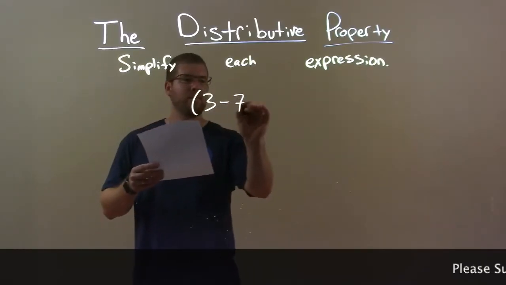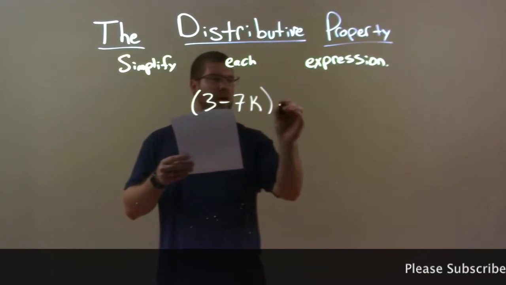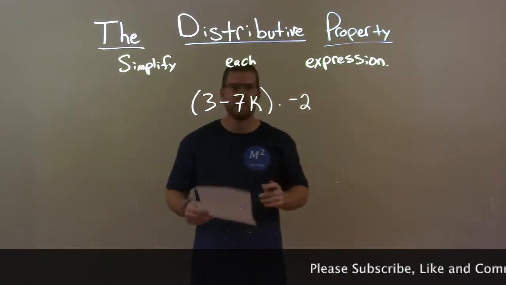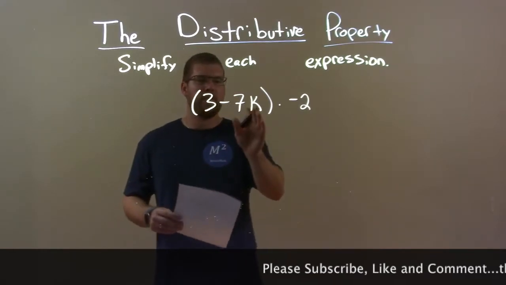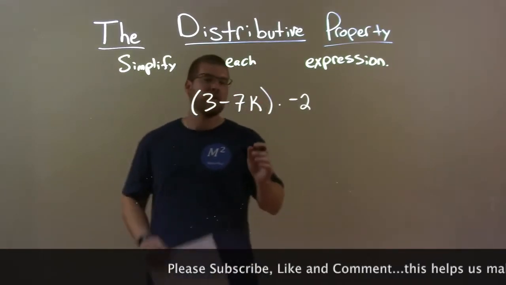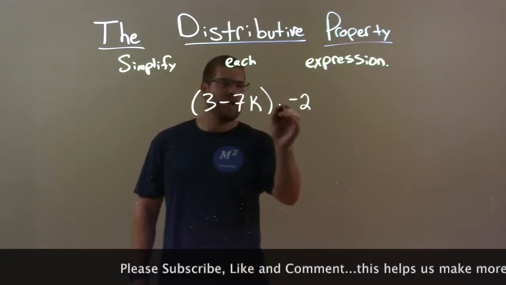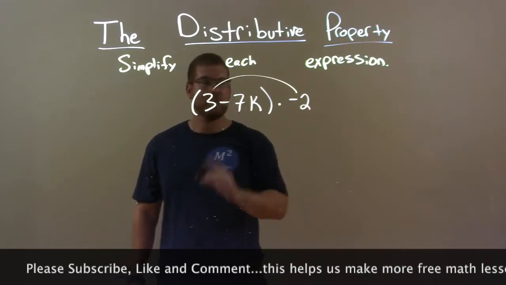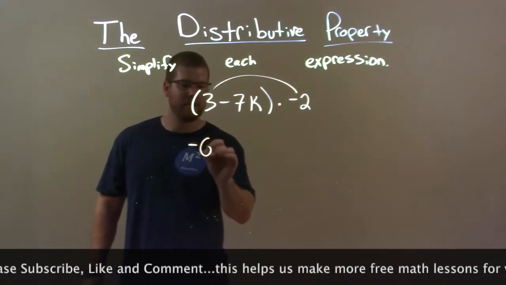3 minus 7k times a negative 2, right? There's multiplication there, all right? Well, inside this parenthesis, there's nothing that I can do to simplify this, okay? So I now have to distribute the negative 2. Now remember, this is multiplication here. So we have negative 2 times 3 is a negative 6.